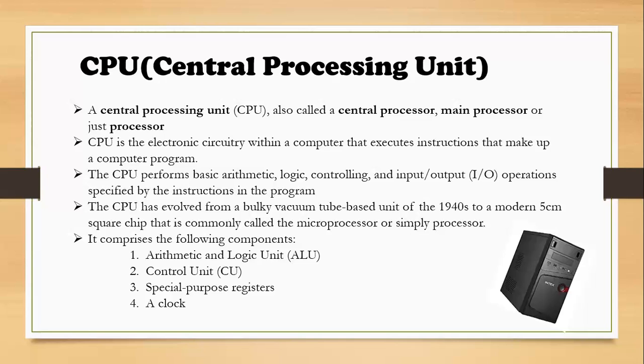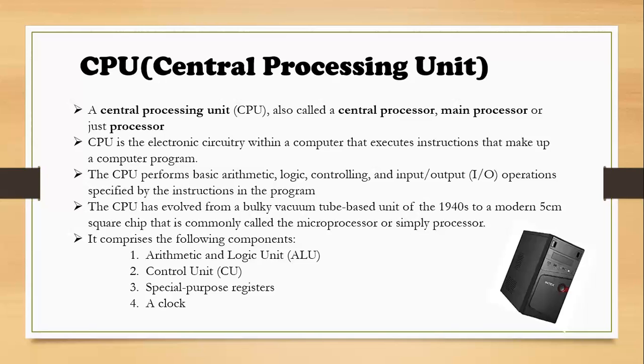CPU includes the arithmetic logic unit, control unit, special purpose registers, and clock. The circuitry includes the ALU, which does all the arithmetic and logical operations. It includes the control unit.